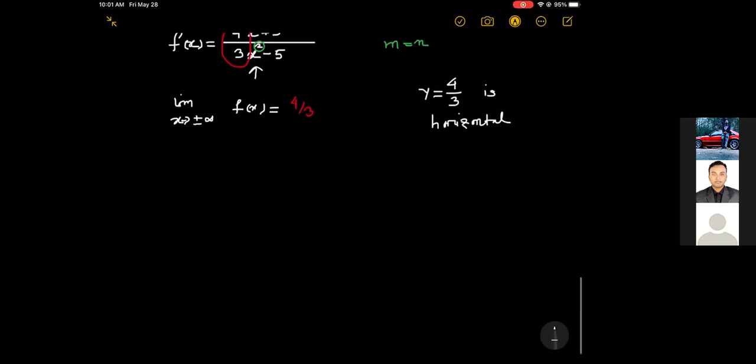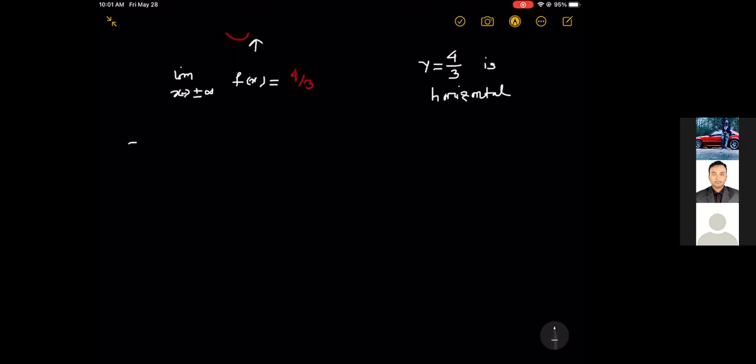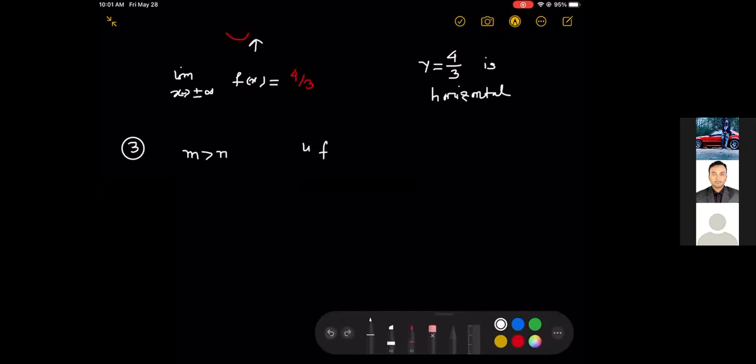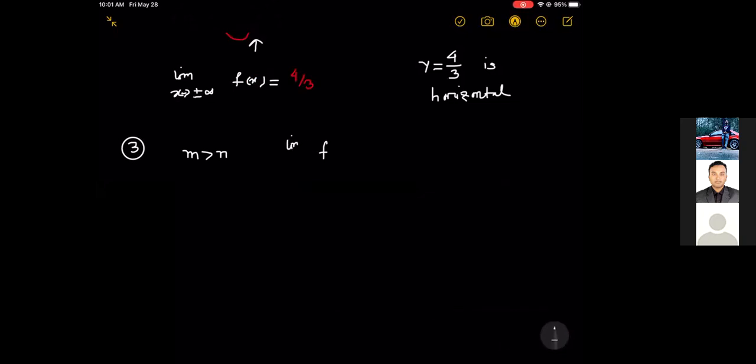Okay, let's go for the next one then. The third one says, when the degree of the numerator is greater than the degree of the denominator, that is, when m is greater than n, then the limit when x tends to positive or negative infinity, the function will approach positive or negative infinity.